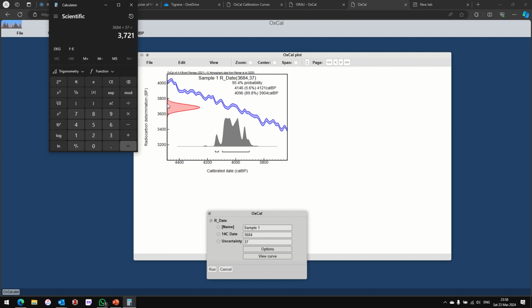So I would have expected the curve to start from somewhere here and end somewhere here.